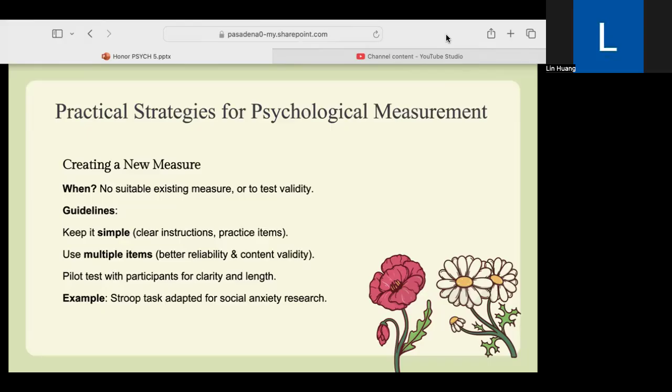Third, pilot test with participants for clarity and depth. For example, the Stroop task adapted for social anxiety research.